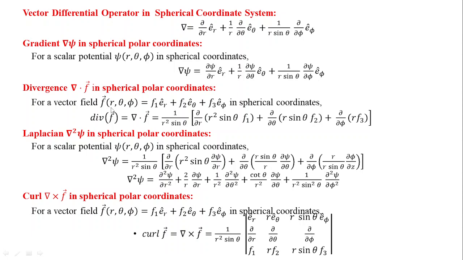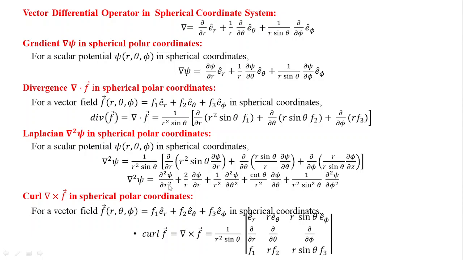If vector f is f1 er plus f2 e theta plus f3 e phi, where f1, f2, f3 are components of vector f and these are functions of r, theta, phi, then divergence of f and curl of f can be calculated by these formulas, and the Laplacian of the scalar field psi of r, theta, phi can be calculated by this formula.